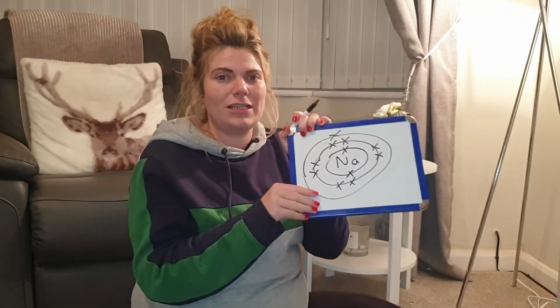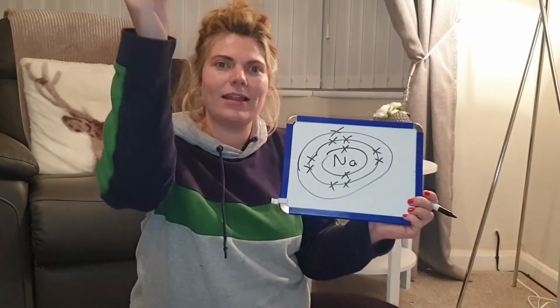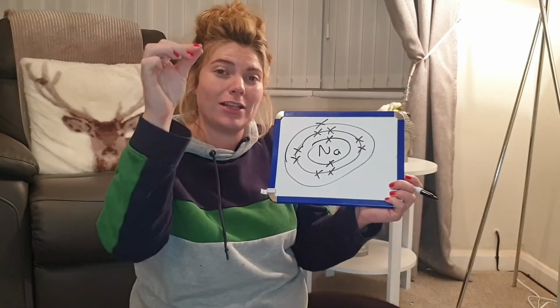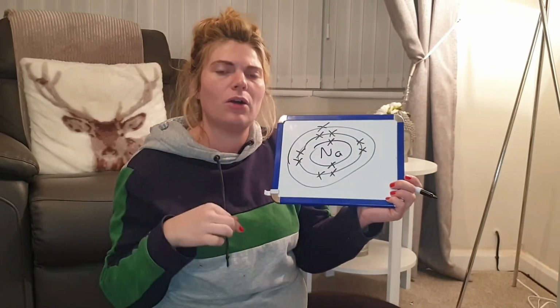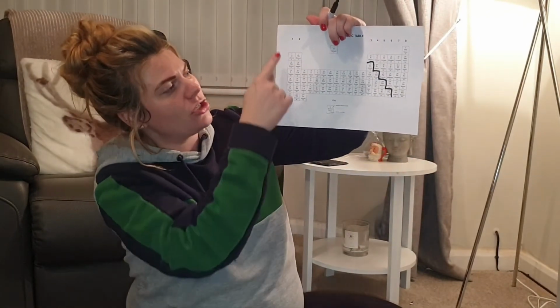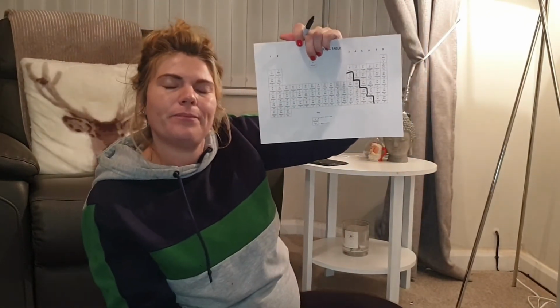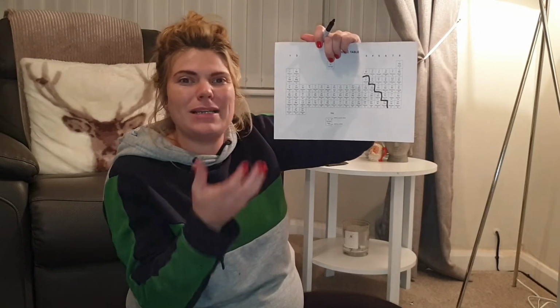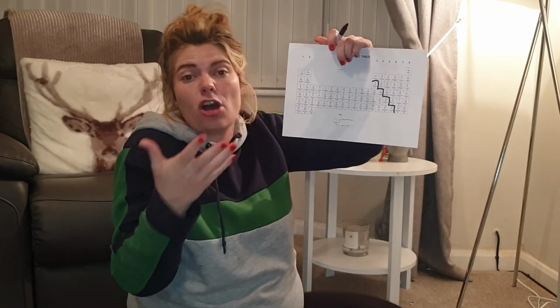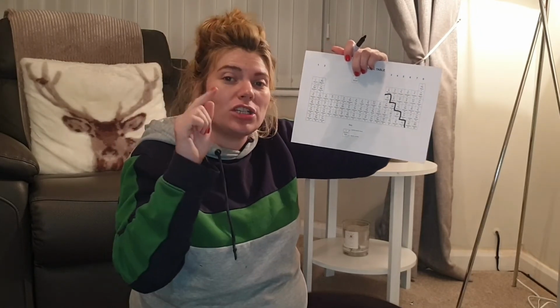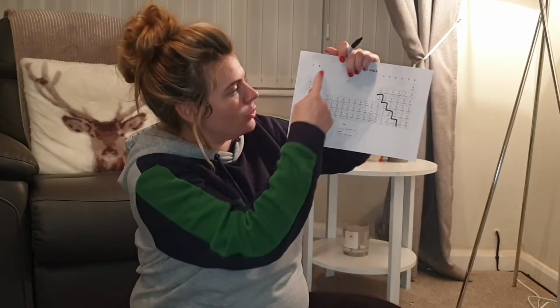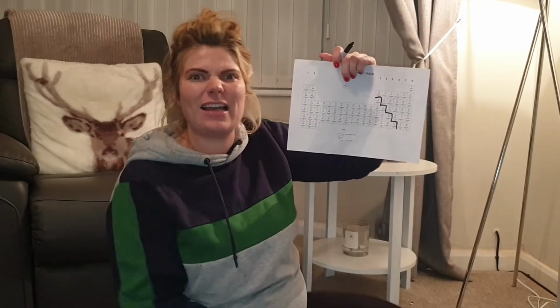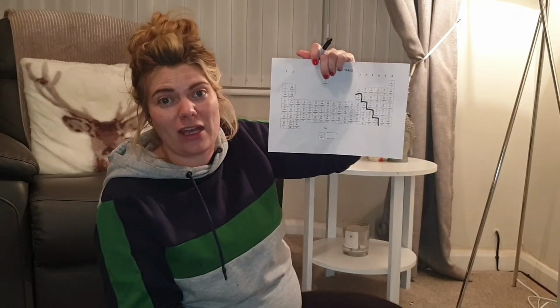So this video is about knowing why the Group 1 metals get more reactive as you go down the table. And it is because as you go down, the atom is bigger, which means it's got more electrons in it. The outer single electron is further away from the nucleus as you go down, which means it's easier for the element to get rid of it.